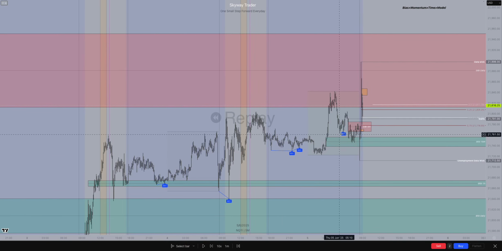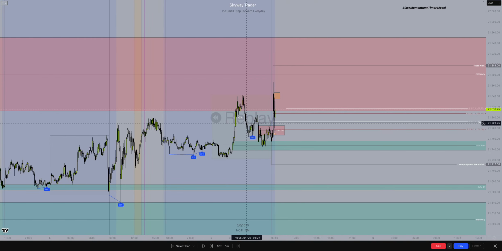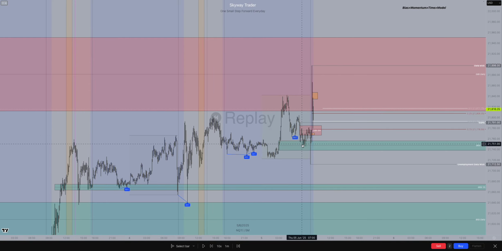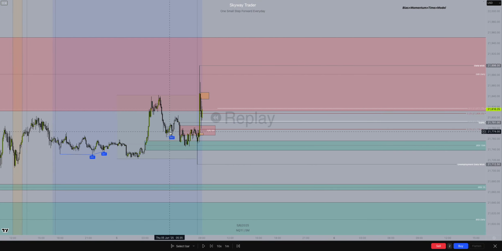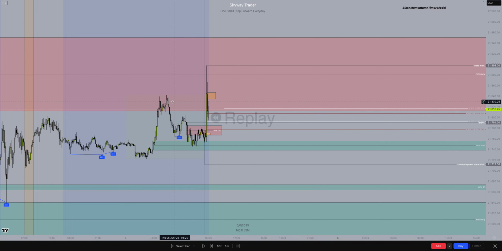So bullish order flow, we're grinding up slowly, and we come into the daily SIBI. We have a reaction down, and that's where we left it this morning.